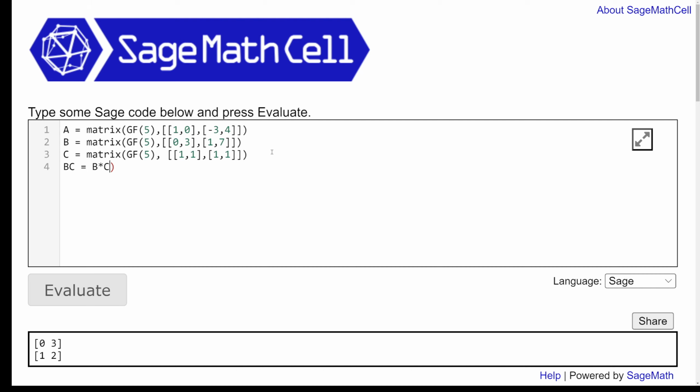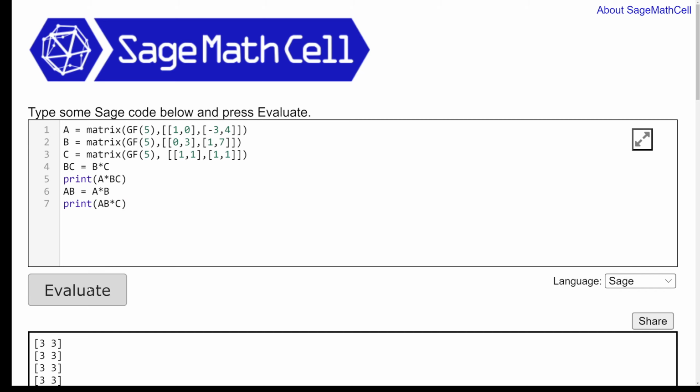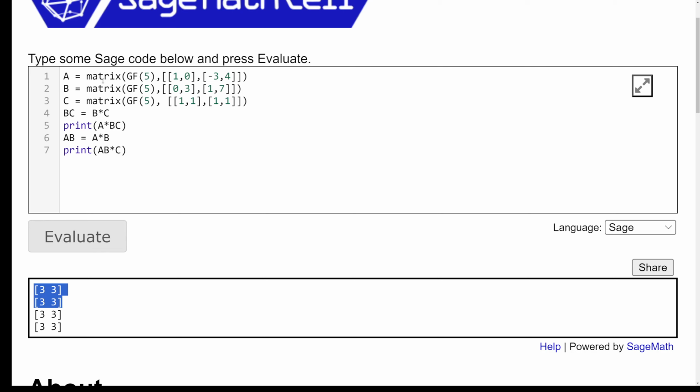So I'm going to say BC is this product, and I want it to print A times BC. And then I'm going to say AB is this product, and then I want it to print AB times C. Okay. And if matrix multiplication is associative, which it is, we should get the same answer. All right, so we get 3, 3, 3, 3 for the first one. It's kind of odd. And then 3, 3, 3, 3 for the second one. Great. So this is an example checking associativity, but we can experimentally verify it with some random matrices here.